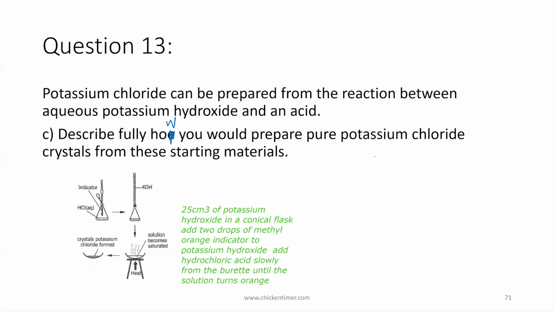So if you add methyl orange to potassium hydroxide, then it should be yellow, not orange. It's orange or red in acid, then in alkalis like potassium hydroxide it's yellow.